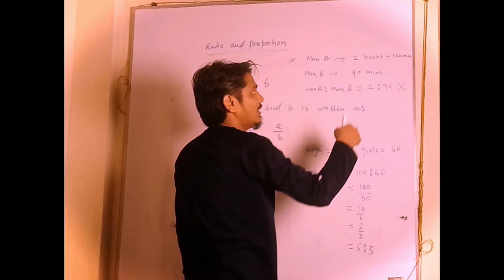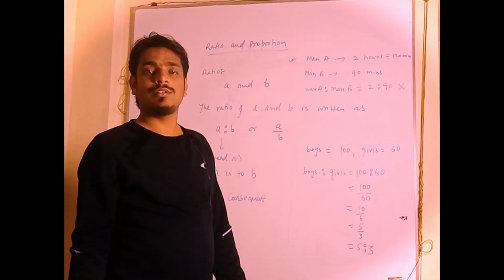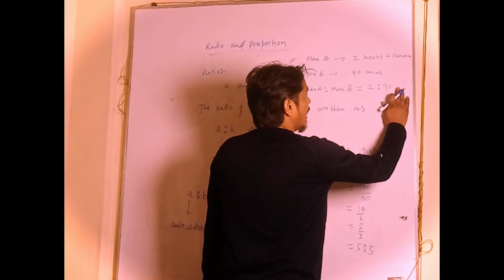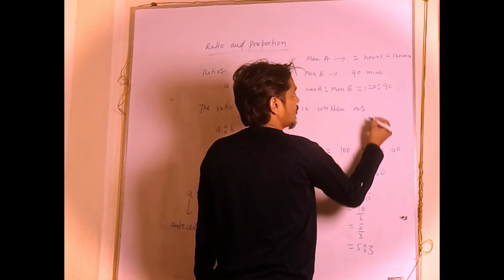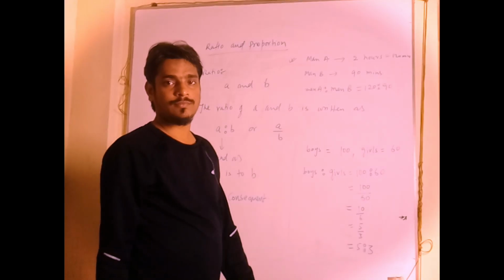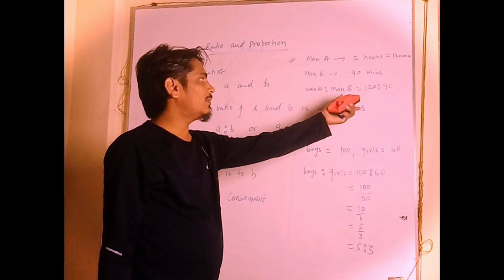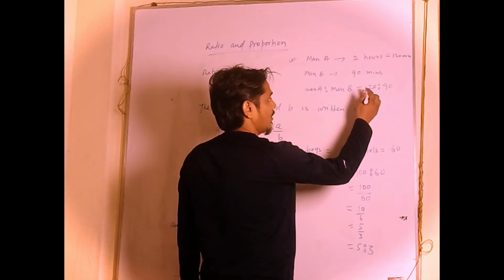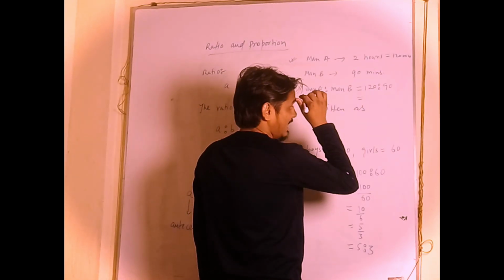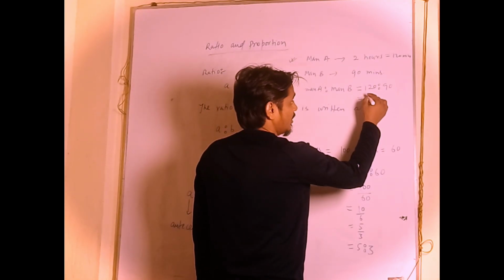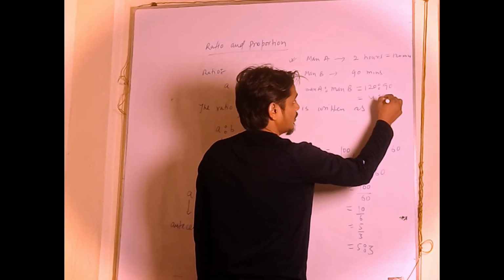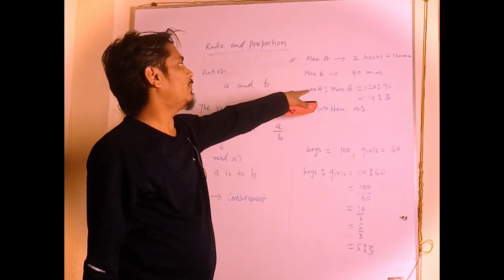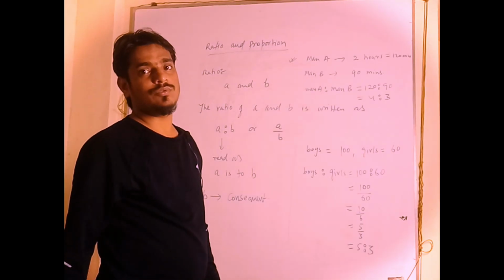Now both are in the same unit, so we can express this as the ratio 120 to 90. Further we can simplify it to the simplest form by cancelling the common factor 30, so 4 to 3 is the ratio of man A to man B.